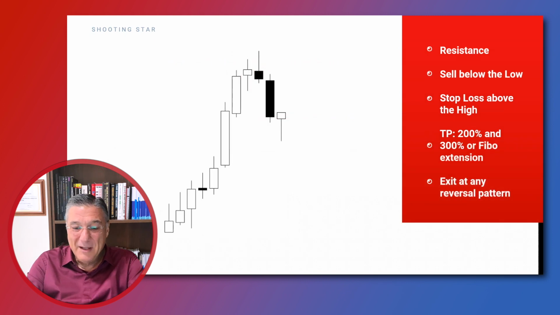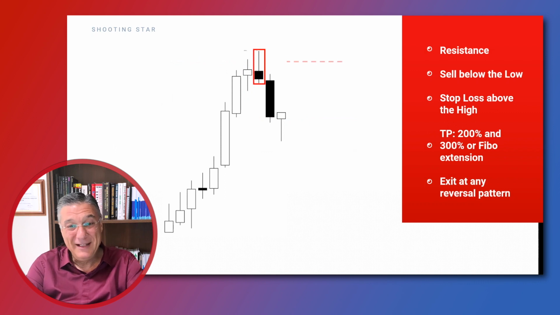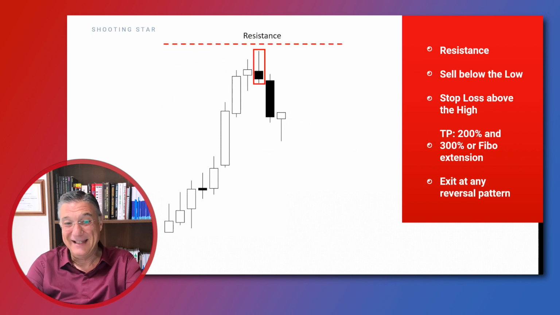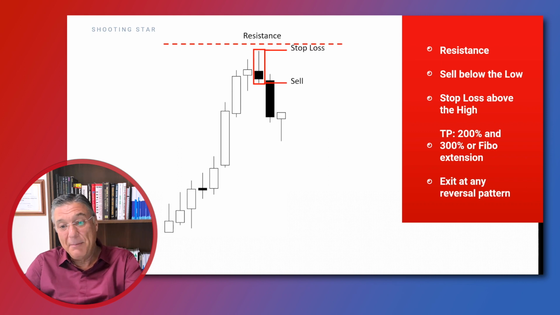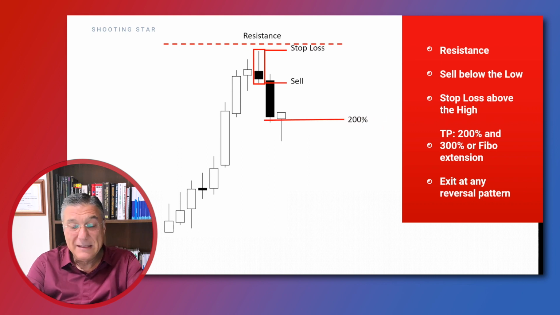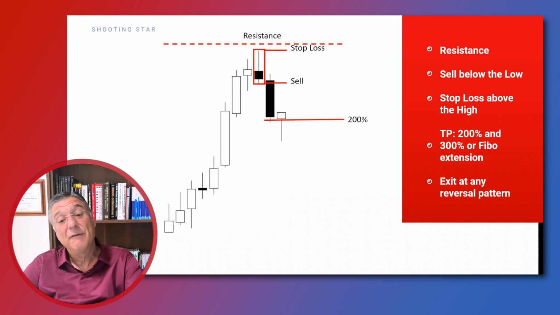We're going to improve the strategy once again. This time we identify the shooting star at the top of the rally near a resistance area. Once again, we feel confident enough. We place a sell order right below the low price of the candlestick and a protective stop loss right above it. Now, the first take profit is seen at the 200% level, or any other Fibonacci level or percentage level that you feel confident with.